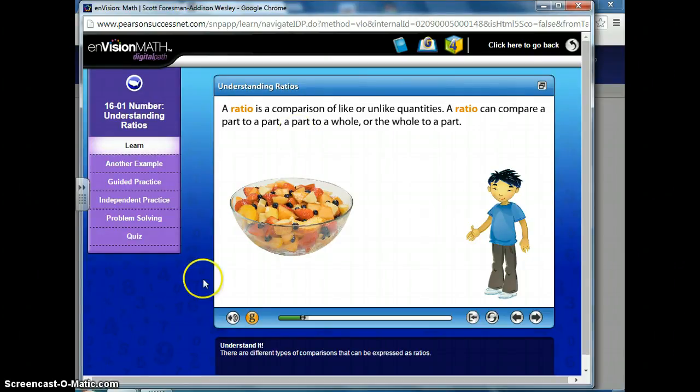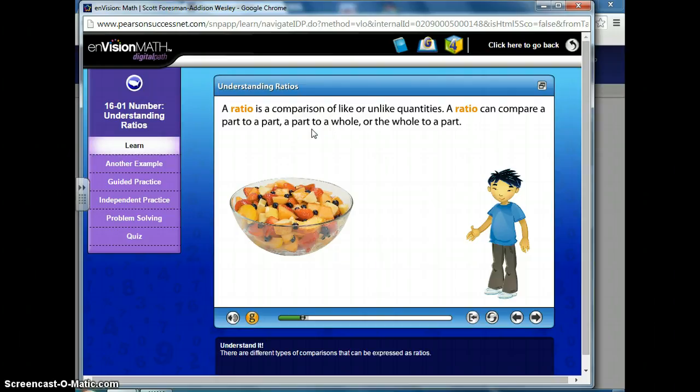Okay, so maybe let's say we had 2 bowls of fruit salad, or even this bowl of fruit salad, and we want to compare strawberries to cantaloupe. That's a part to a part. You're comparing one part of the fruit salad to another part of the fruit salad. It can be a part to the whole. Like maybe we're going to do a ratio of how many strawberries there are in the whole fruit salad.